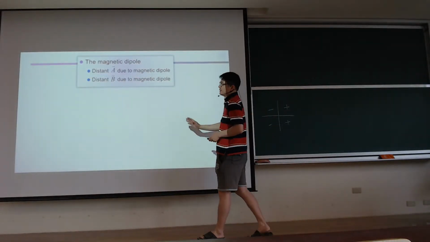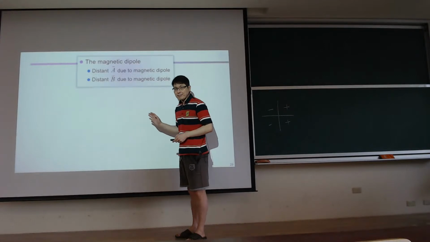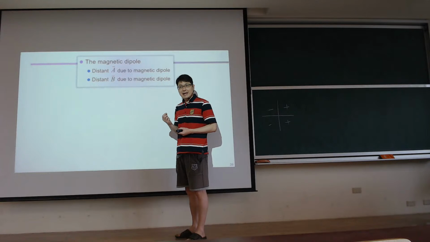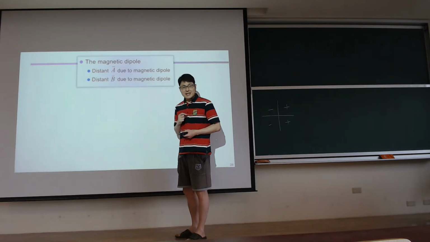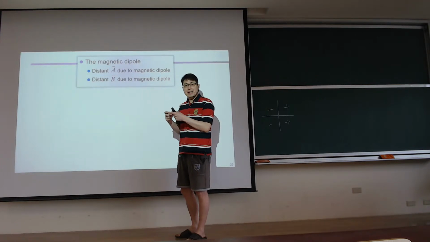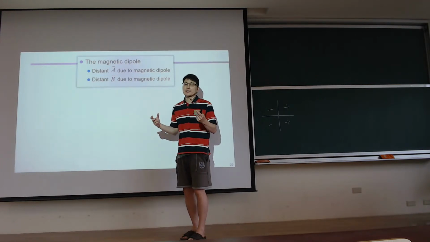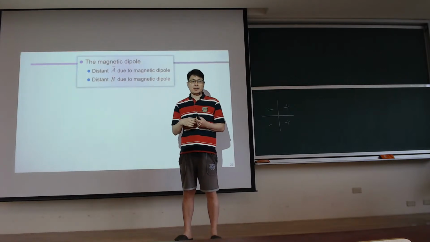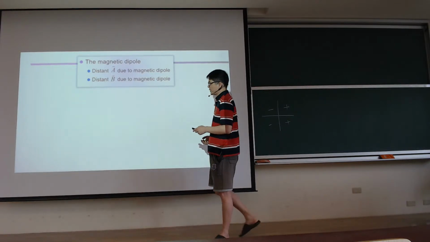So once we define what is a magnetic dipole, we are going to find out the resulting magnetic potential and the flux density of a given magnetic dipole. And in the end, we want to compare the field structure between electric and magnetic dipoles, right?